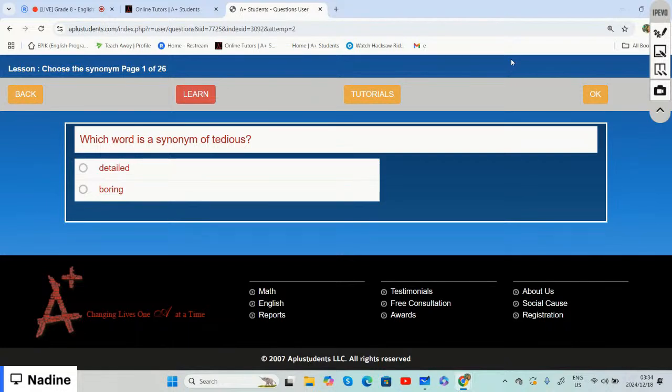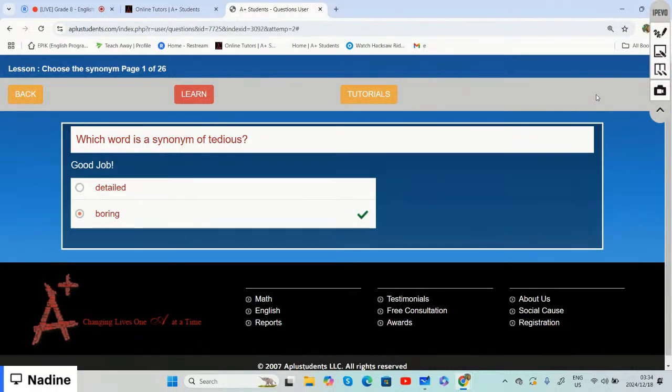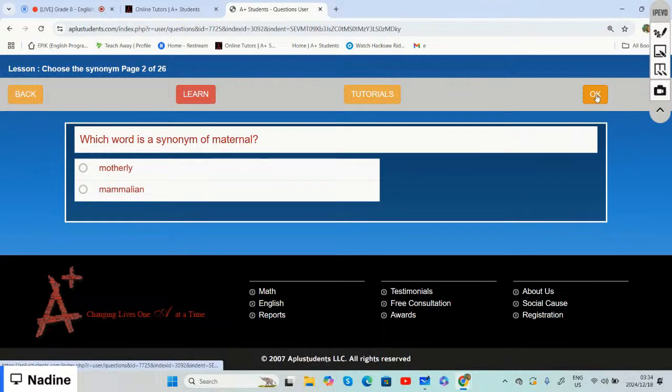And if we were to look at the word that's the same as tedious, then we can say tedious is boring, right? So you see, instead of just saying, oh, it's so boring, we can say tedious. The next word says, which word is a synonym of maternal? The synonym of maternal.